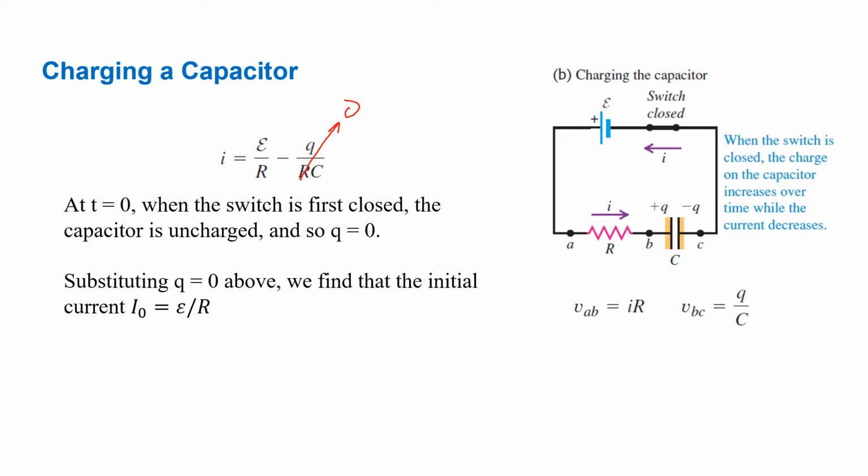So this is equal to 0, and then you just have your I that's equal to epsilon over R. And again, we are looking at time equals 0 here. And we have stated earlier that at that time you have your initial current I naught, which is just given by your epsilon over R. So we have here the same expression that we have in the previous slides. You have your I naught that's equal to epsilon over R.